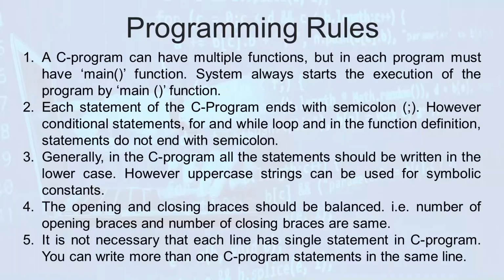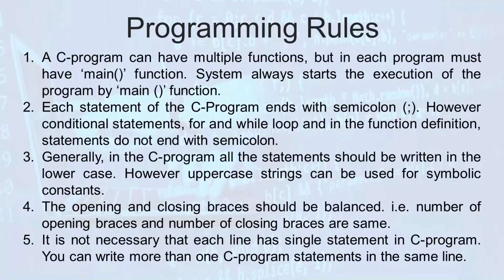Each statement of a C program ends with a semicolon. However, conditional statements, for and while loops, and function definitions do not end with a semicolon. So, that you have to remember. That is where mistakes generally happen, because if you write just a semicolon, then C considers it a null statement.